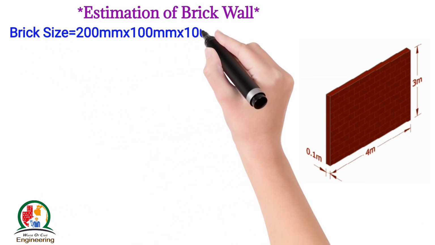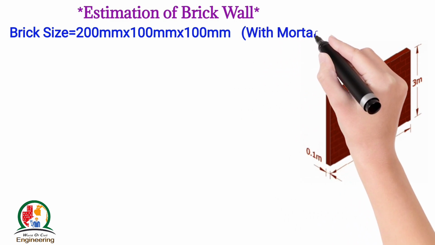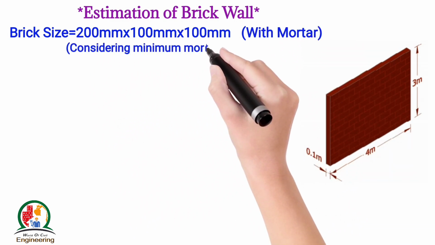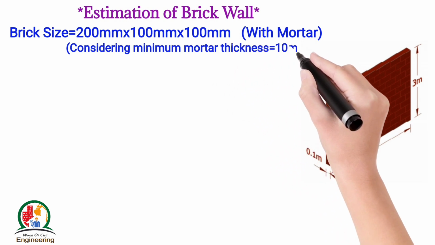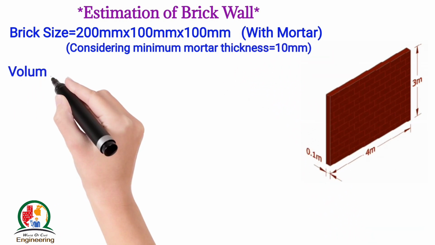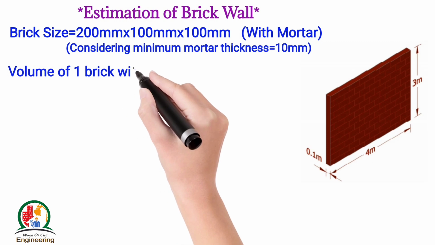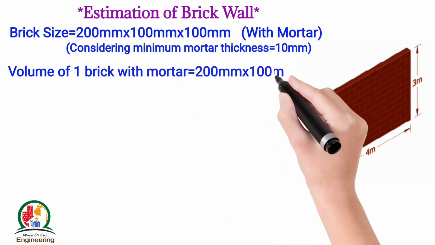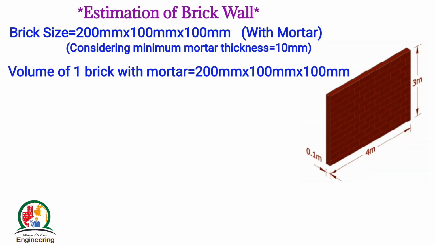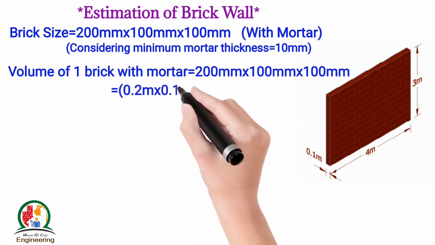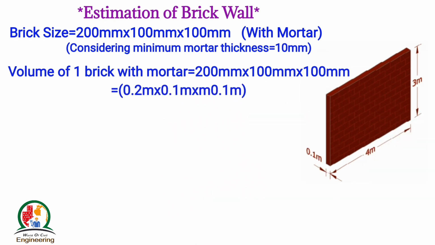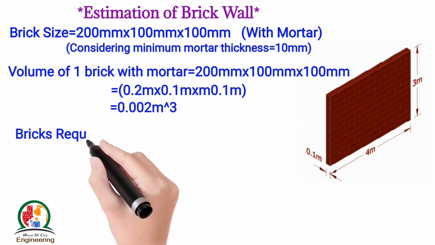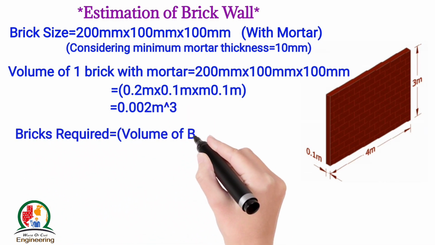Brick size equal to 200 mm into 100 mm into 100 mm with mortar, considering minimum mortar thickness equal to 10 mm. Volume of one brick with mortar equal to 200 mm into 100 mm into 100 mm, equal to 0.2 meter into 0.1 meter into 0.1 meter, equal to 0.002 meter cube.